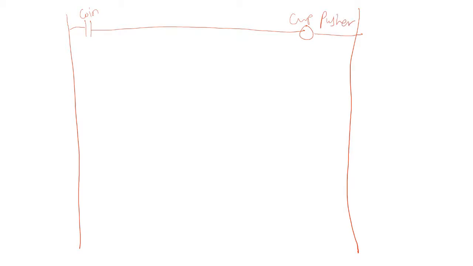Right? So what else will it turn on? Okay, it will also turn on the coffee valve. The coffee valve is turned on for just 1 second. So let's put a timer 1 second here.